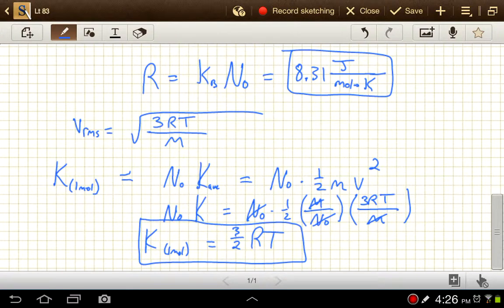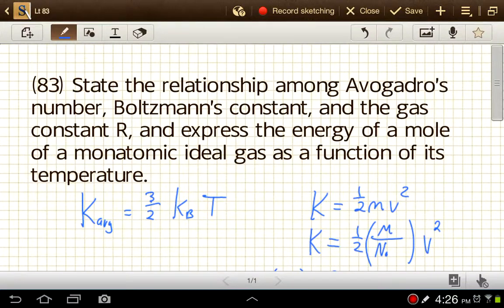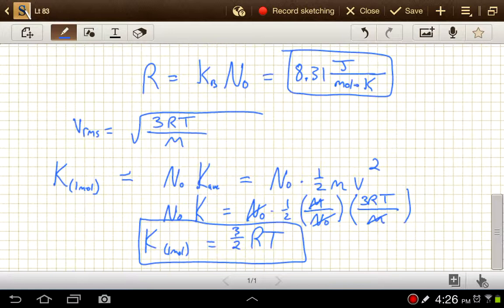Really that's just total kinetic energy, but if we assume what we did in the kinetic theory of matter, that there are no interactions between particles in a gas except when they collide, then all of the energy in this gas is kinetic energy. So this is the total energy stored in this gas, and all it depends on is the temperature when we've got a set amount of gas.